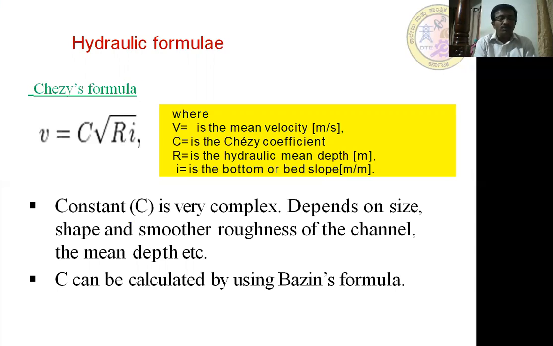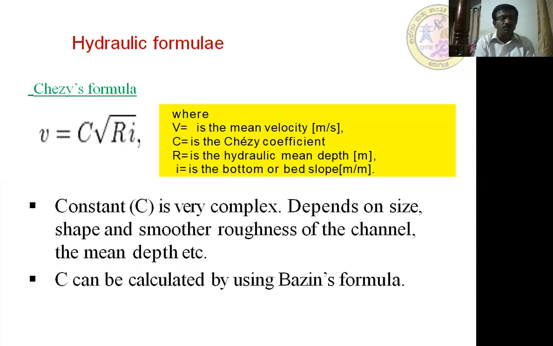Once again, it depends upon the type of material, roughness of surface, age, smoothness and so on. Also, the value of n varies with respect to the depth of flow. It is not constant throughout the depth. So as the depth varies, the value of n also varies.